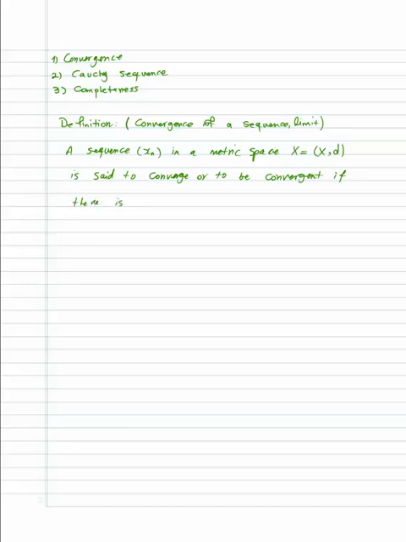if there is an x belonging to the set X such that the limit of the distance between the elements of the sequence and that limit, when n goes to infinity, is equal to 0.